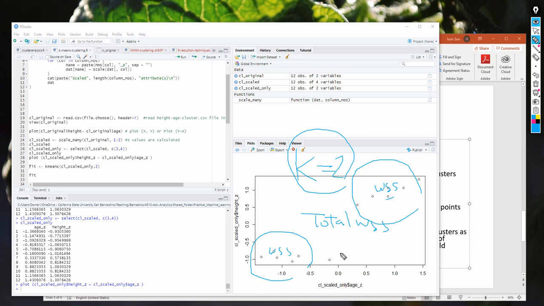And also when k is equal to 3, that means we have 3 clusters, 1, 2, 3. We can compute the WSS for cluster 1, cluster 2, and cluster 3, and then compute the total WSS. So we can plot this idea.